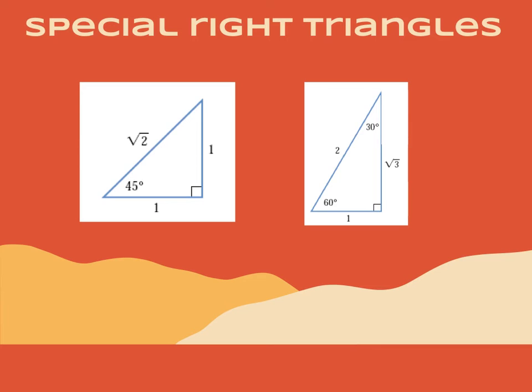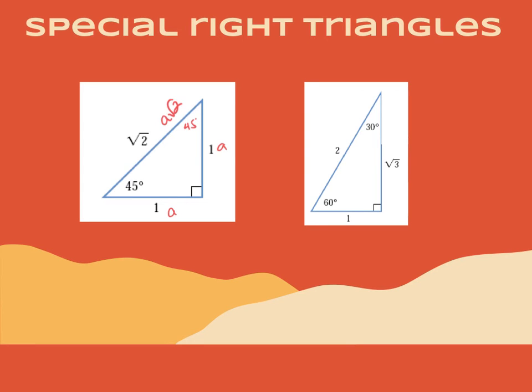So the relationship in a 45, when you're not in a unit circle where the radius is 1, is A, A, and A root 2. So any triangle that's a right triangle with one 45-degree angle obviously has another 45.